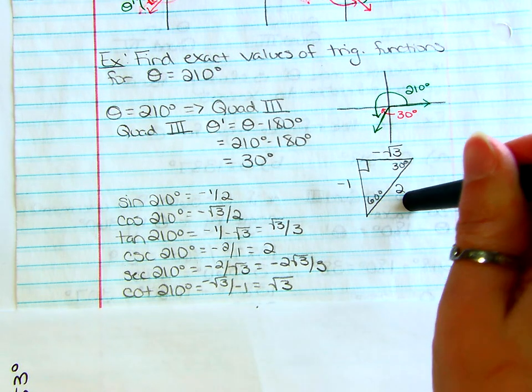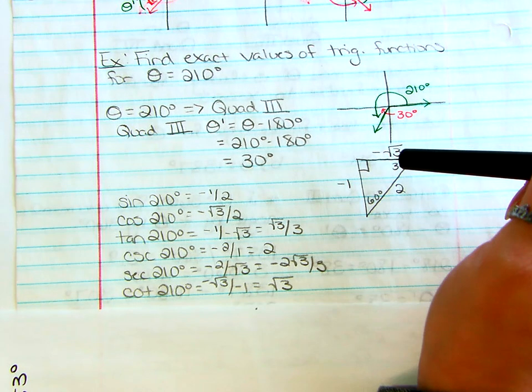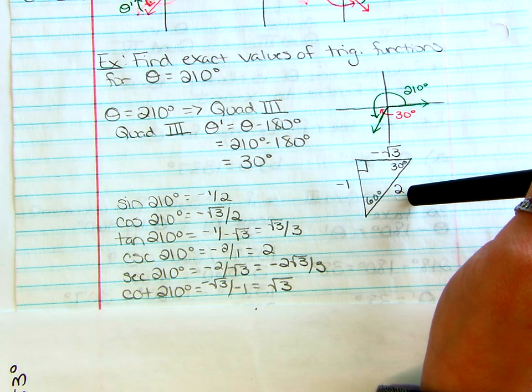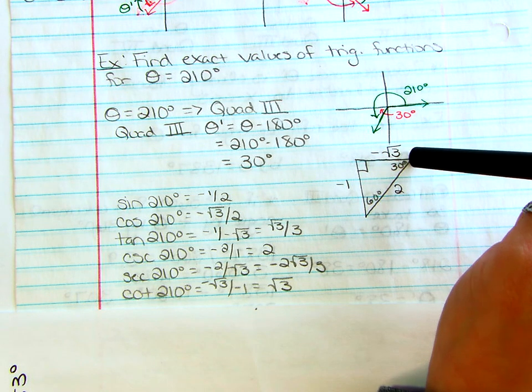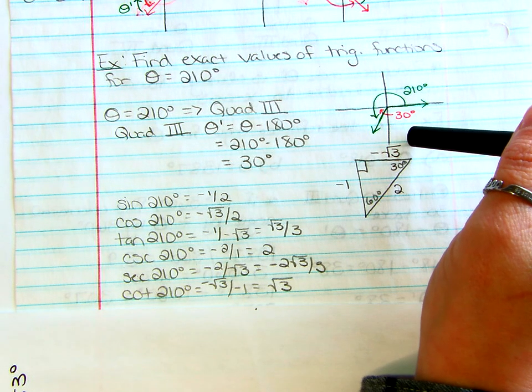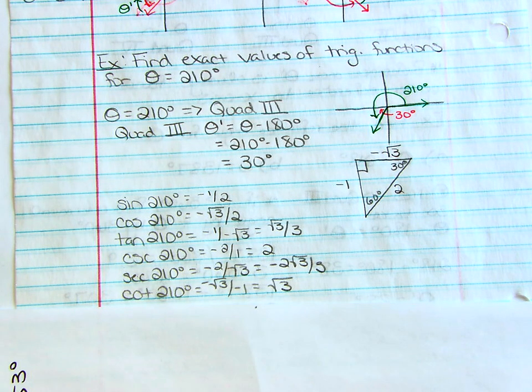The cosine is going to be adjacent over the hypotenuse. Tangent is going to be the opposite over the adjacent, but then we have to rationalize that denominator. And then for cosecant, secant, and cotangent, those are just the reciprocals of sine, cosine, and tangent.